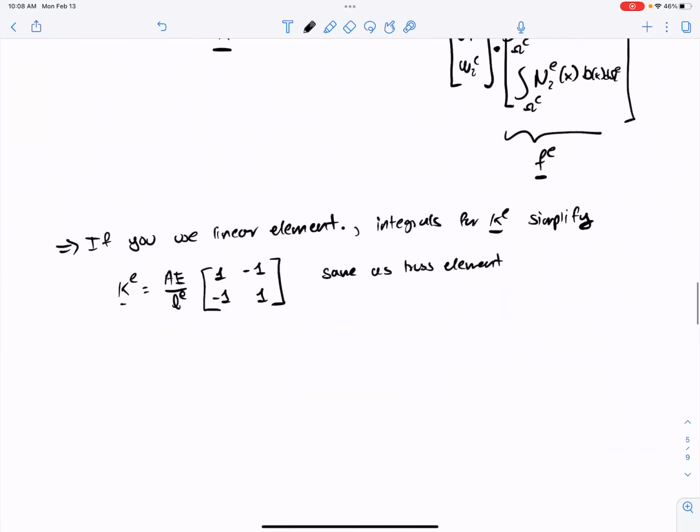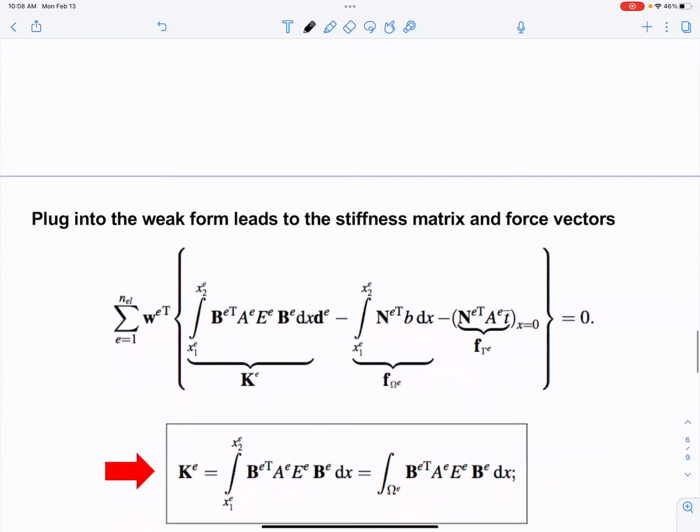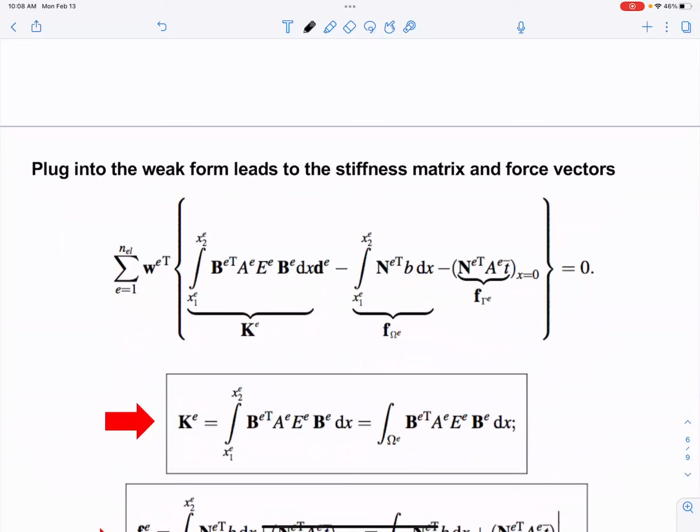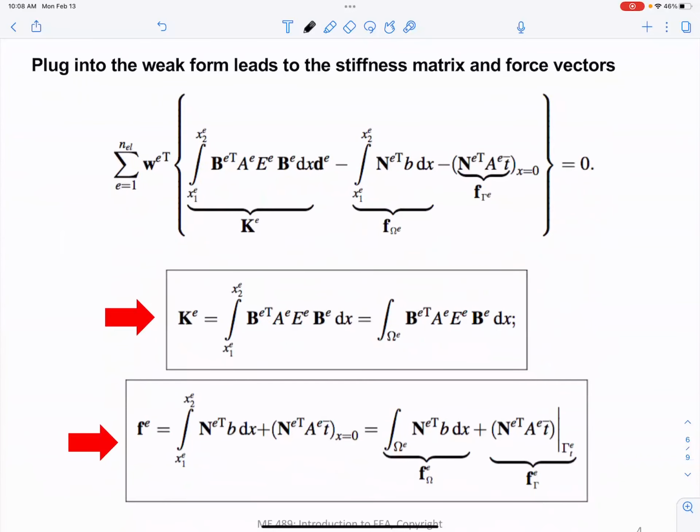All right. So let's see what I wrote here. Again, the book uses matrix notation all the way, so I'm not going to expand it out. If you want to check out what this looks like in the book, this b is a vector that has the derivatives of the shape functions. This n is another vector that has the shape functions.